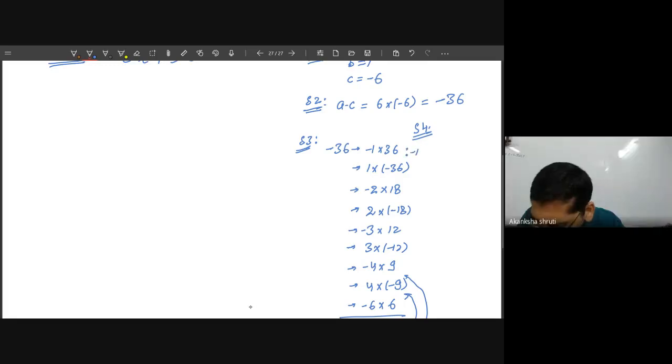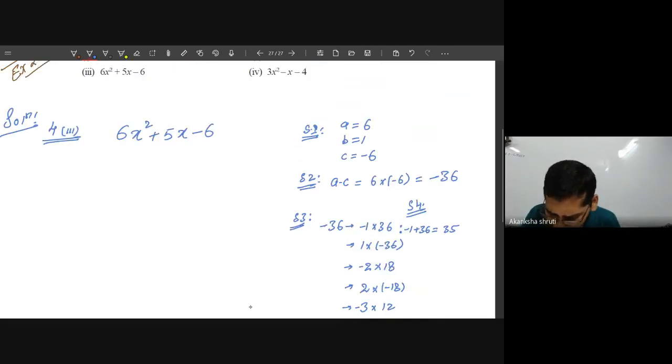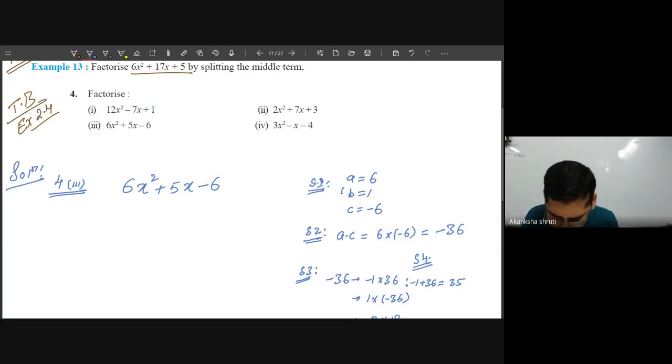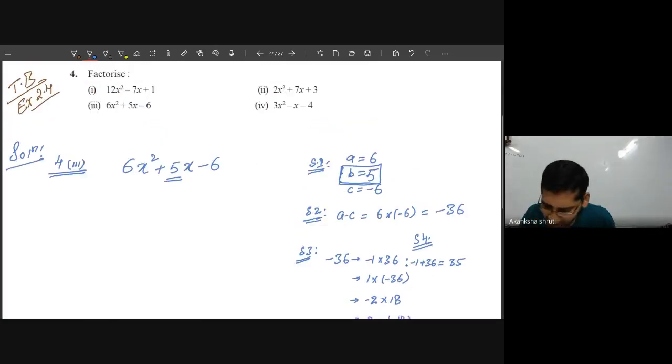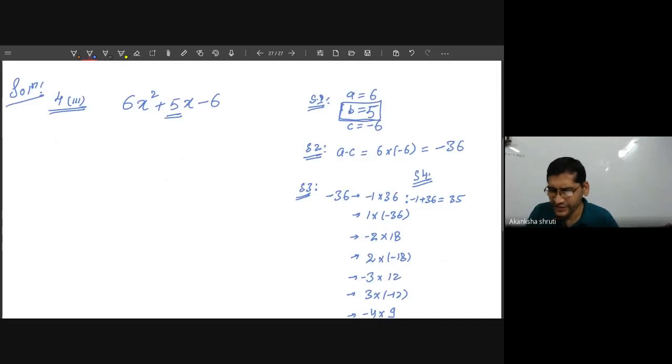So minus 1 plus 36, how much is this? 35. Whether this 35 is B, the B that we need here is the 5 only. You are getting it, no? Here it is this 5. But minus 4 plus 9, that we will write.